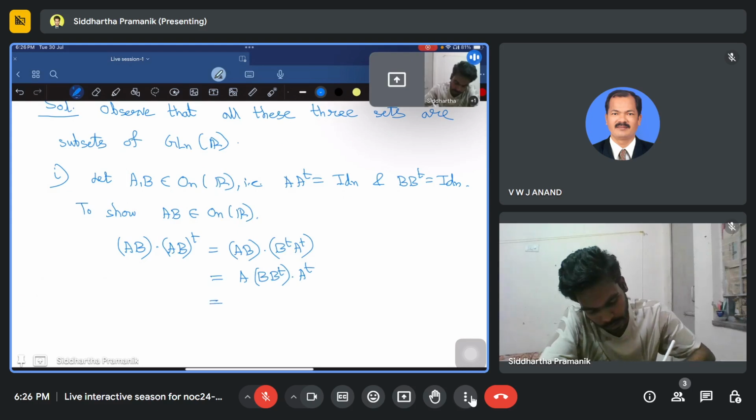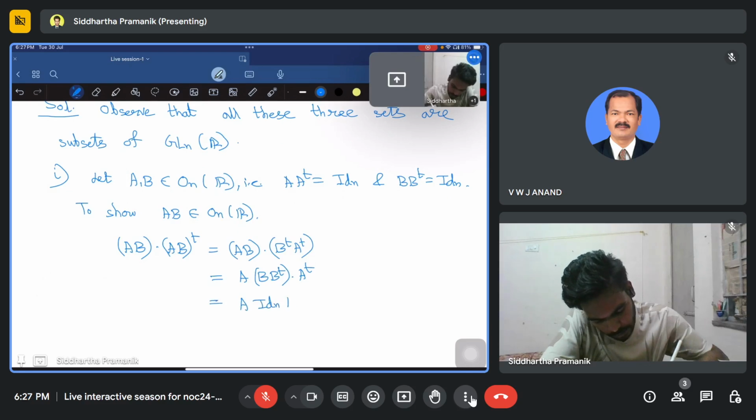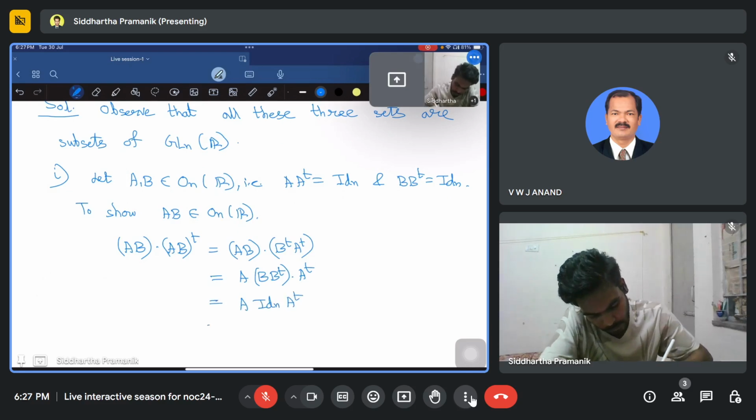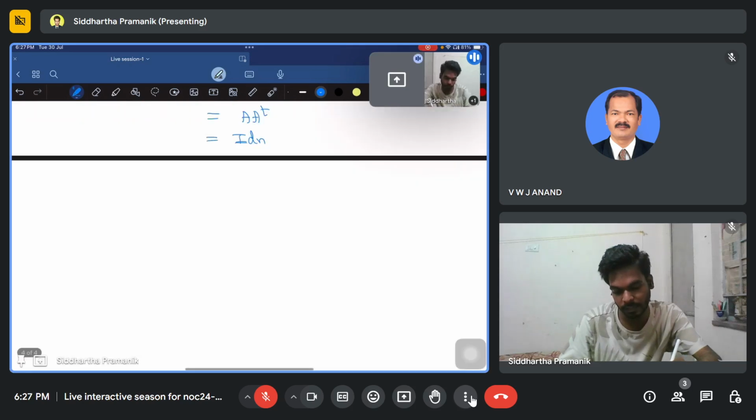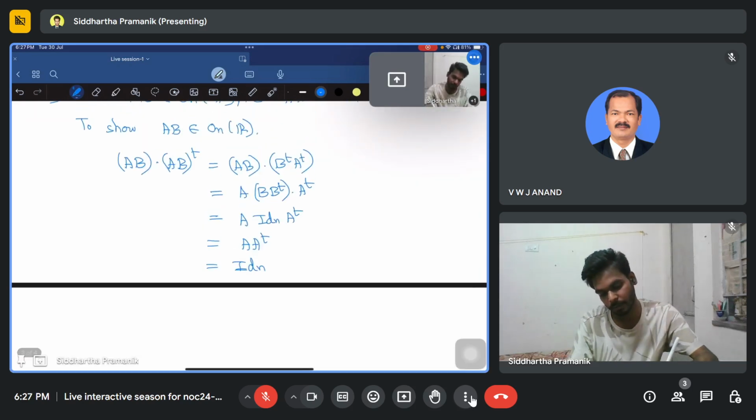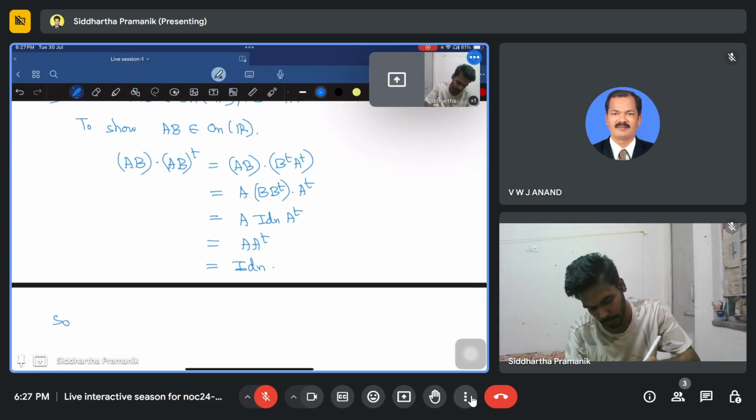So this is the same as A times the identity matrix times A transpose. So this is A A transpose, that is the identity matrix. So this means AB also lies in the set O(n, R). So O(n, R) is closed under matrix multiplication.